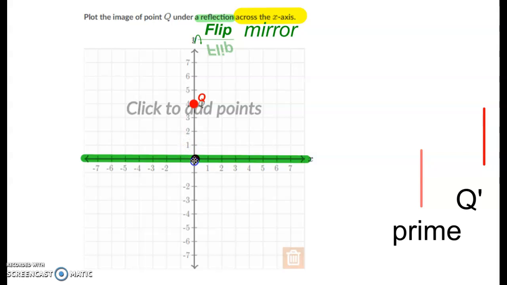I'm at the mirror now, and I'll do the same thing. 1, 2, 3, 4. And there's my new image, and it's called Q prime. All right, let's take a look at the next problem.